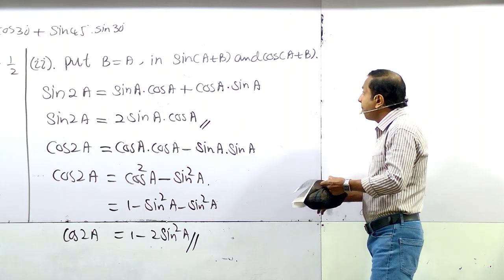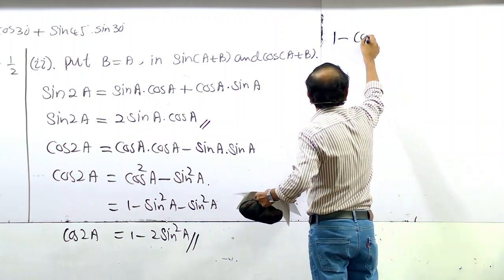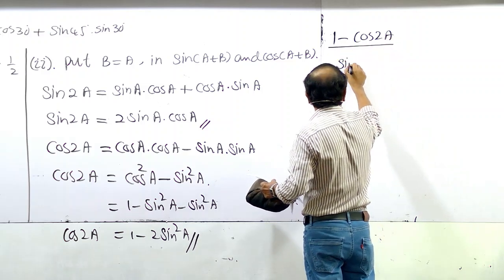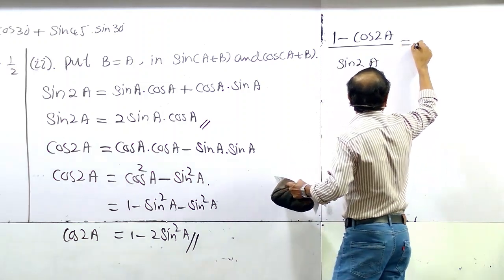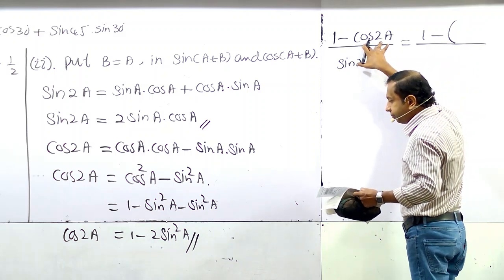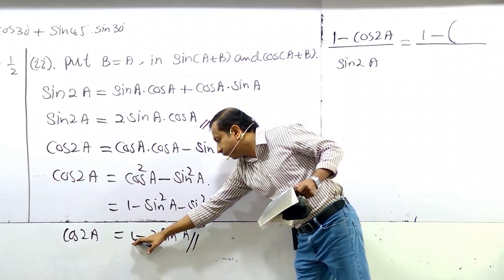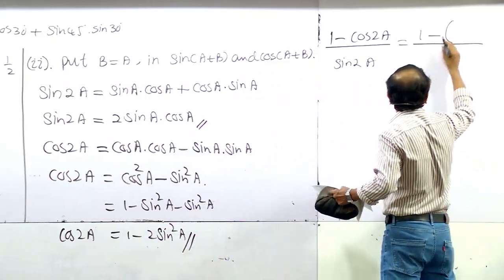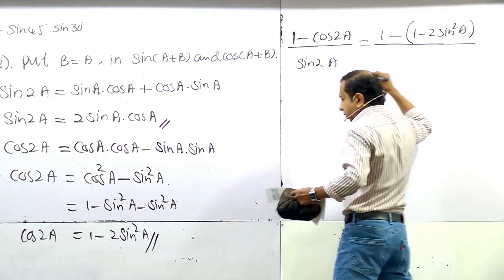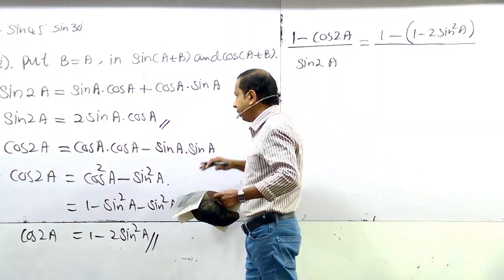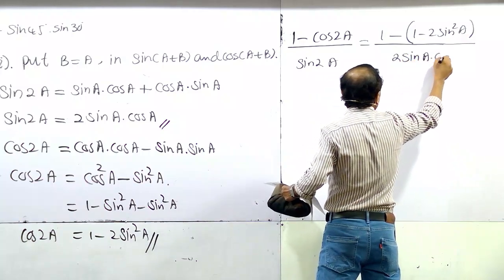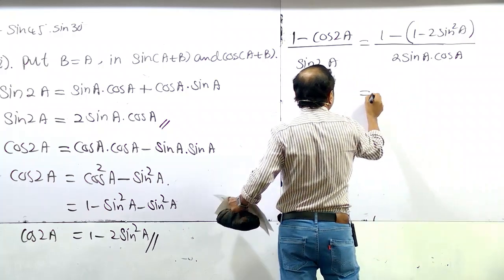Okay, the next one, asking to simplify 1 minus cos 2A divided by sin 2A. For this cos 2A, put 1 minus 2 sin squared A, and for this sin 2A, I put 2 sin A cos A. Remove the bracket here.